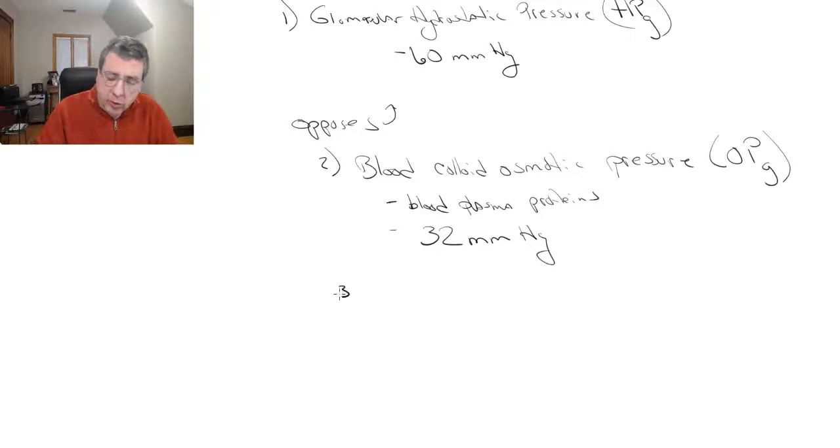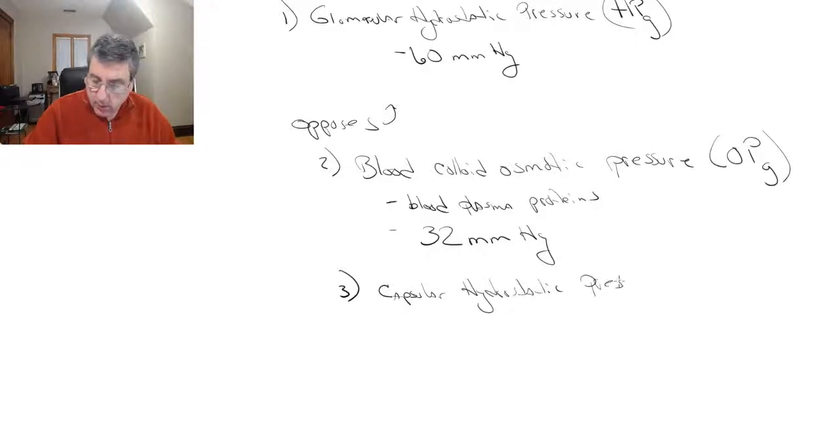The third one is going to be capsular hydrostatic pressure. And that's just abbreviated as hydrostatic pressure with a C, for capsule. And this is measured at 18 millimeters of mercury.